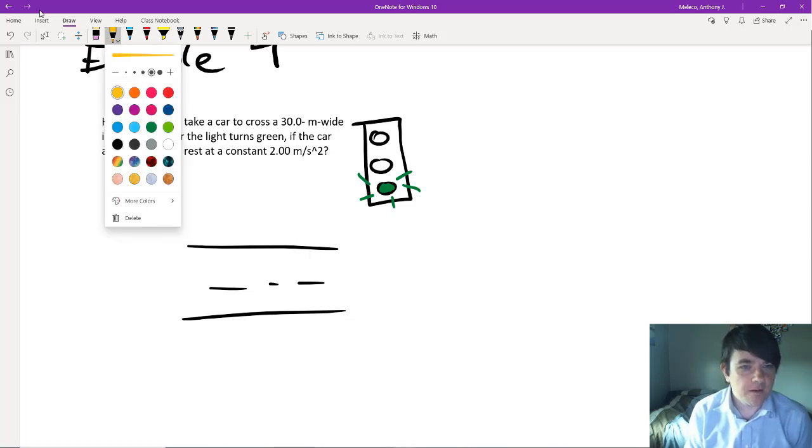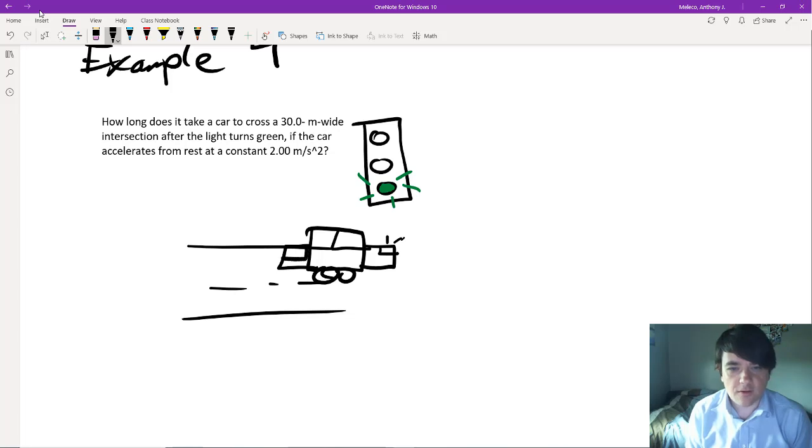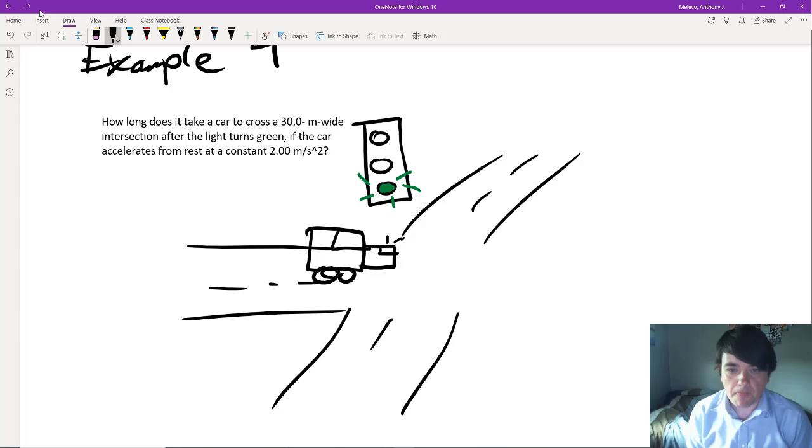Okay, and so we've got a car. That looks like a really terrible car, so I'm going to take off the trunk. So this guy's going across some intersection, and he's just starting off, right?